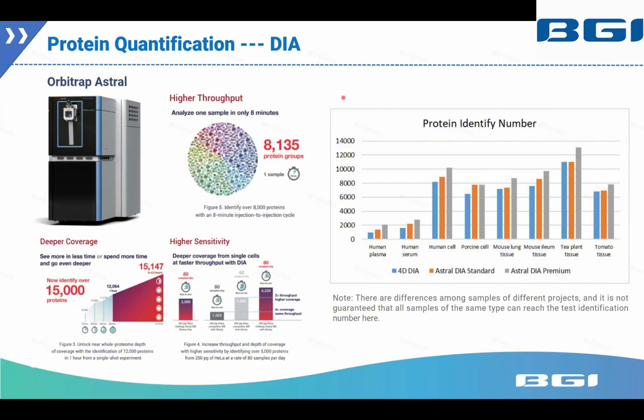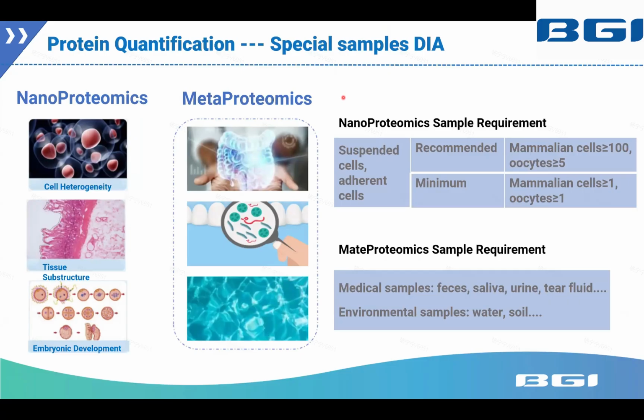And when we're dealing with meta samples, we also have the corresponding metaproteomics solutions. You can send samples like feces, oils, soils, and waters to us, and we will detect the composition and expression of the metaproteins in the meta samples.